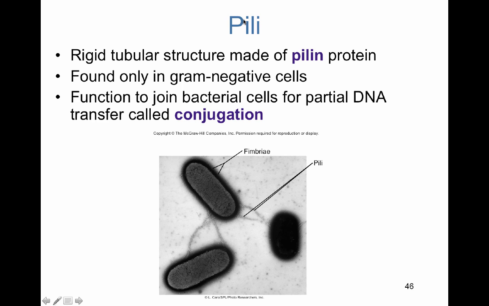Now also, some bacteria have what we call a pilus. I would like you guys to remember that this structure is actually only found in gram-negative cells. Now, the pilus is made up of these spiral-shaped structures referred to as pilin, and the pili function to join bacterial cells for swapping of DNA information. So they can actually swap what we call plasmids, which are non-essential pieces of circular DNA.